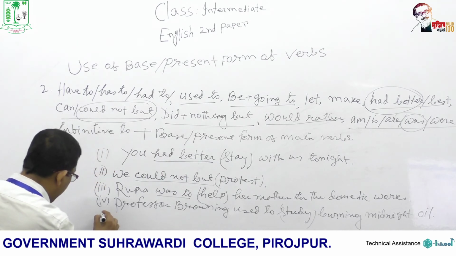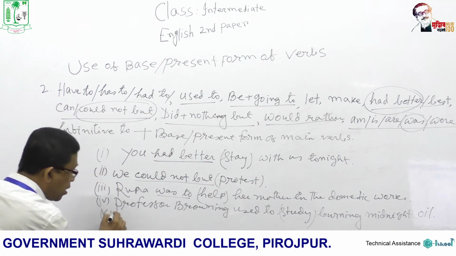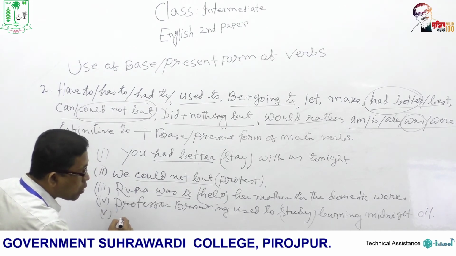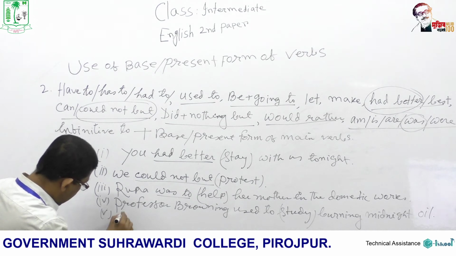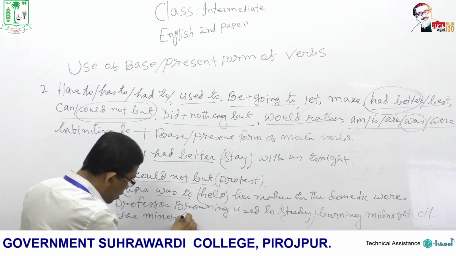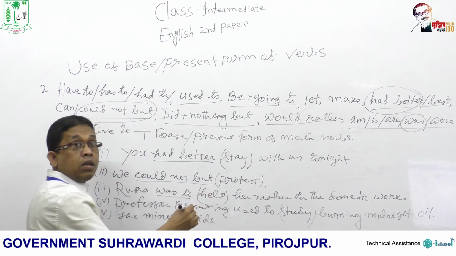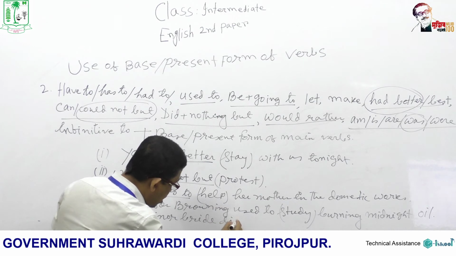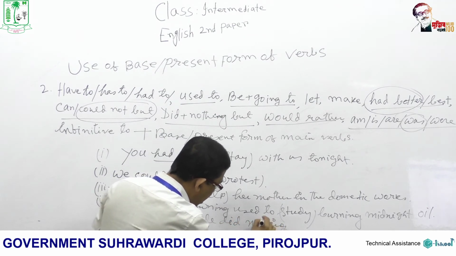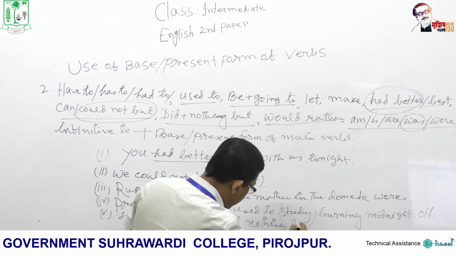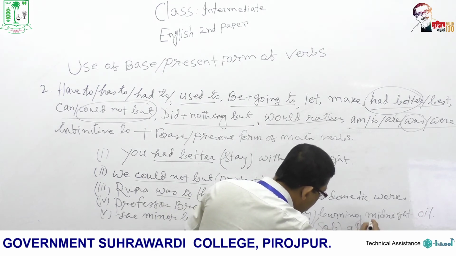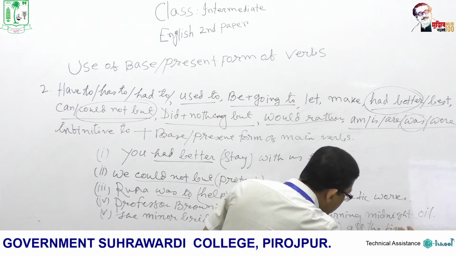And then the last example, though no space here, still I have no alternative. So, let me write down here at the bottom of the board: the minor bride did nothing but sob all the time.